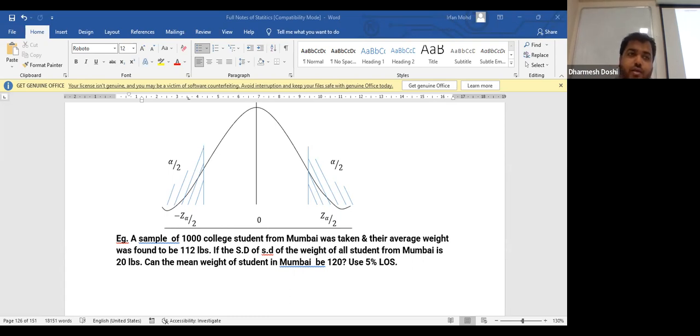We take two-sided, right? We take Z-cal as modulus. In the bracket we write we ignore the sign. So plus and minus will be there, no? We ignore the sign. We take absolute.